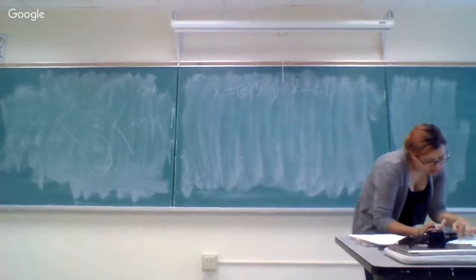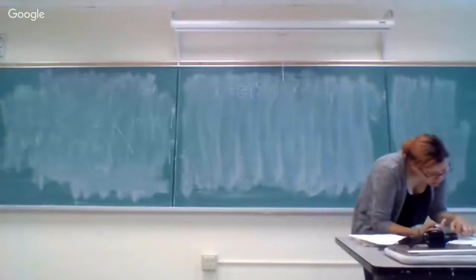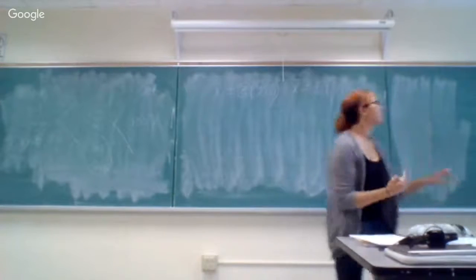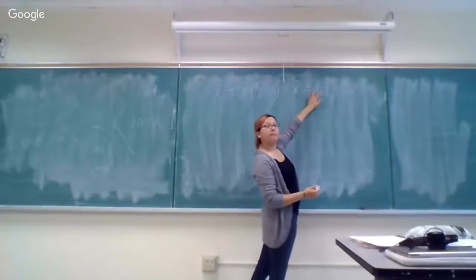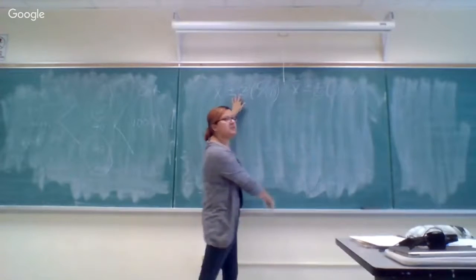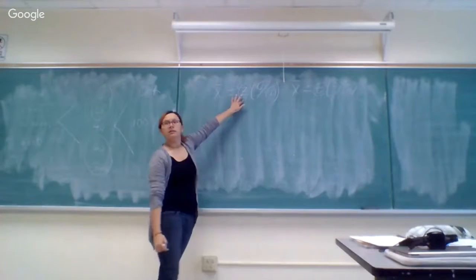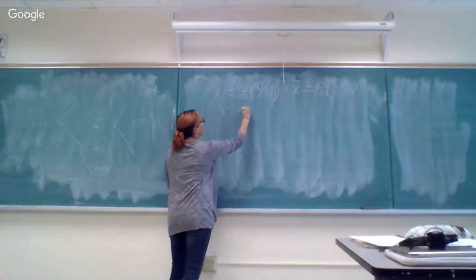If you were to find your T value, you'd have to take into account your degrees of freedom. You don't have to worry about it with Z, because this is for big sample sizes. So this is n bigger than 50.